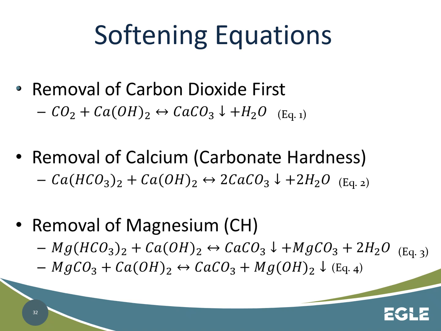The fourth equation takes that magnesium carbonate that we just produced, reacting with hydrated lime to produce calcium carbonate and magnesium hydroxide precipitate. Remember that in these chemical equations, anything with a down arrow or an S in parentheses is a solid and has to be disposed of as sludge.